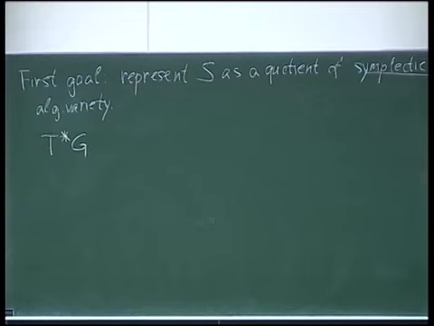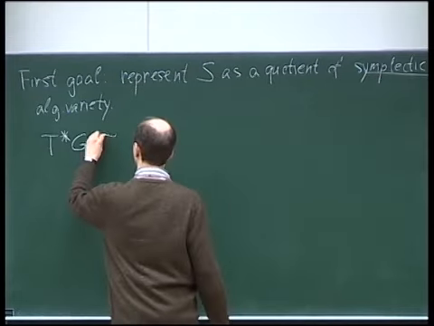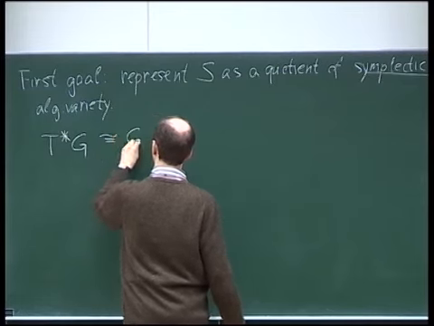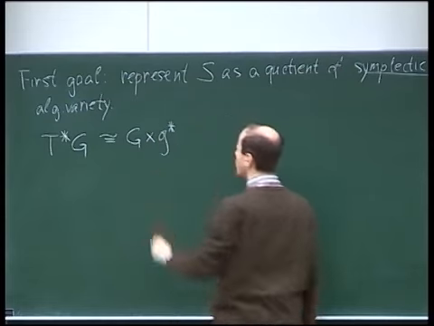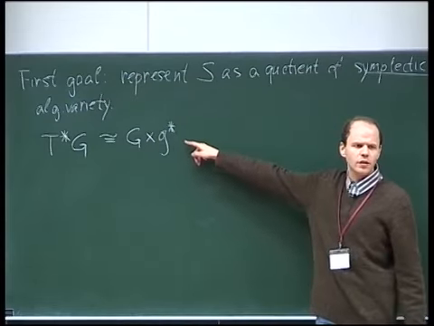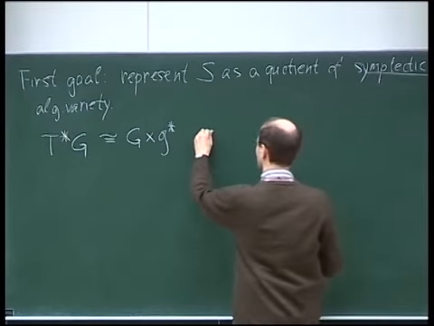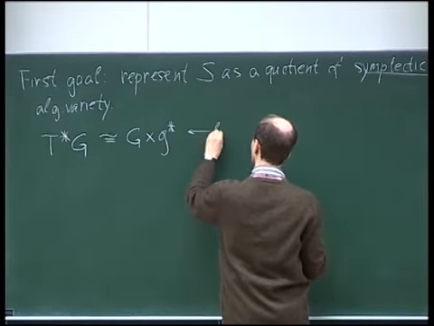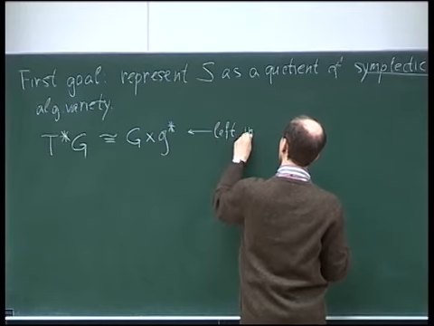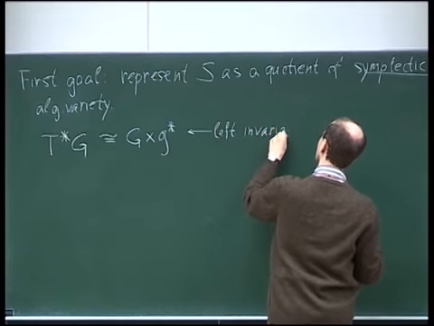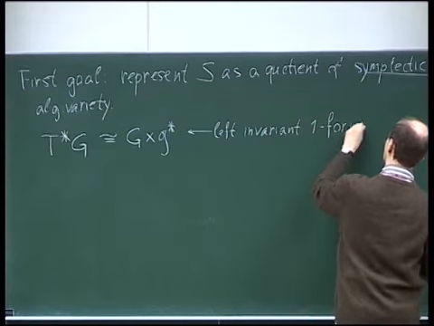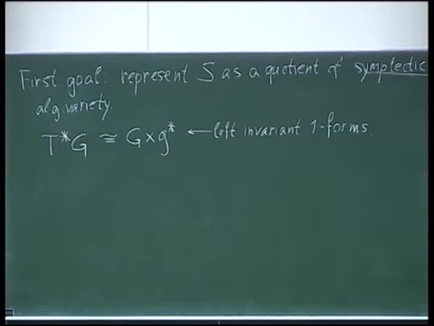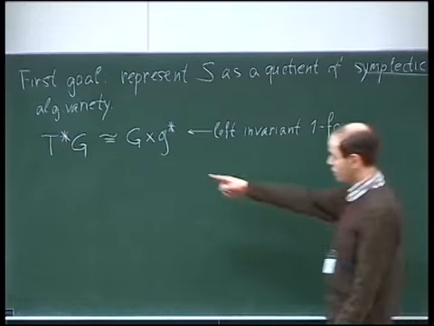And I will identify this cotangent bundle with the product of G and G dual. Here for G dual I take left invariant forms. Now I have two actions of G on this variety.